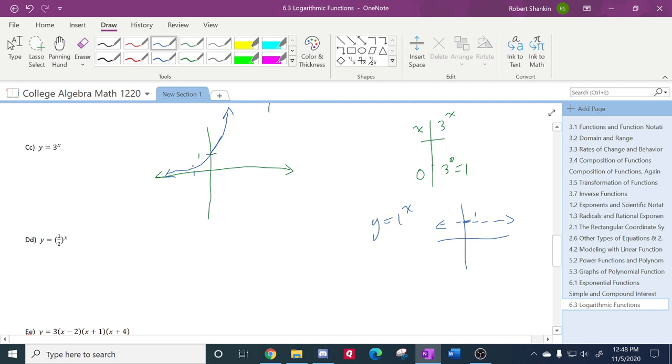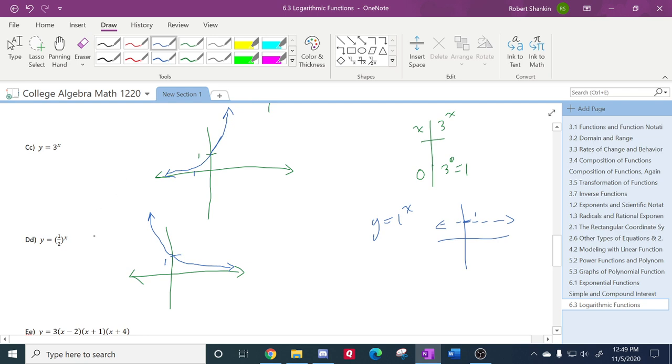But no matter what you have, if it's just something to the x power, you're still going to go through 1. But as the x gets bigger and bigger, you keep shrinking your output. It becomes half the size of what it was before. And then another half the size. And so on. And now to the left side, it's going to go up.